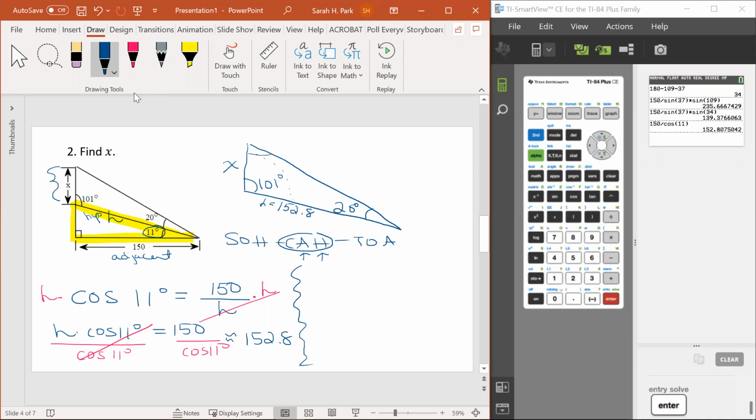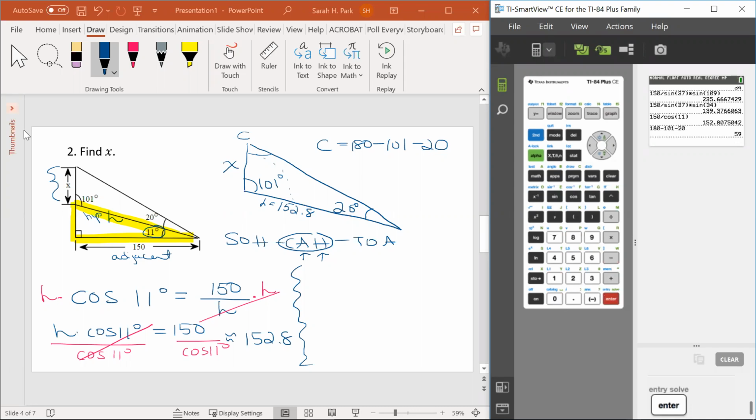That third angle C would equal 180 minus 101 minus 20 degrees, which is equal to 59 degrees. Just to keep it the same, because that's angle C, we'll call the H little c again.